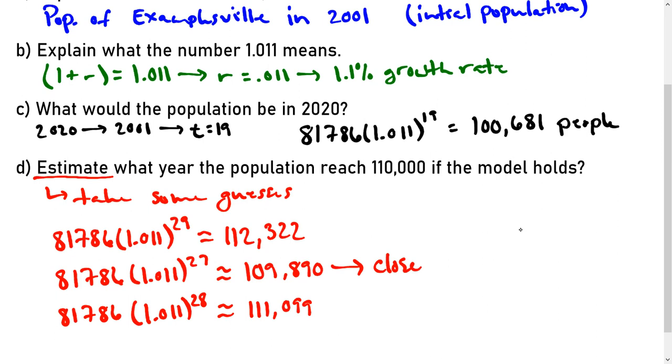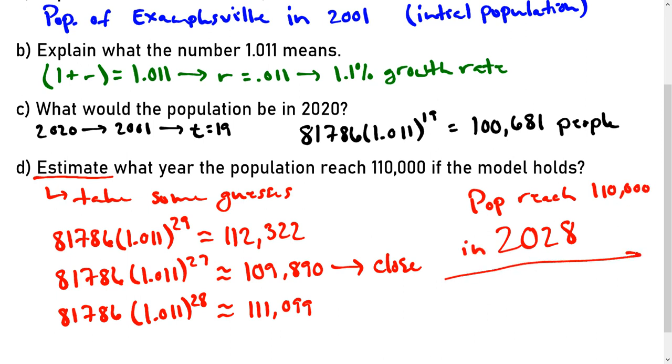So we would say about 2028, the population will reach 110,000 at that point. Okay, so later on we'll actually learn how to get an exact value for that when we start doing logarithms, but this is literally just some guessing and checking.